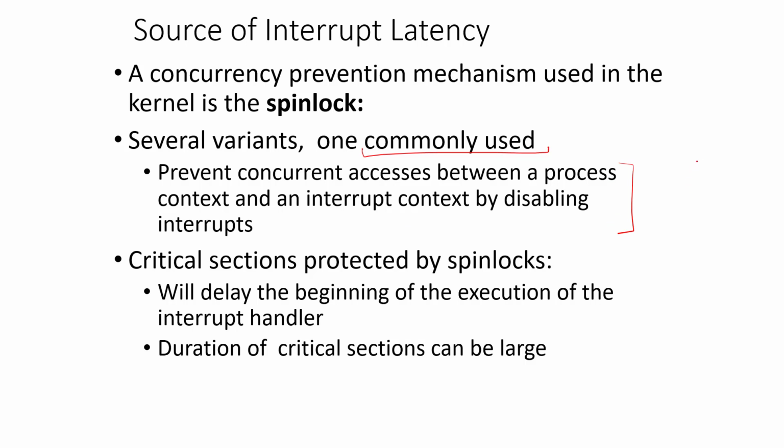Otherwise, if one process holding a spin lock is preempted, a lot of processes will just wait on it and not make any progress. Of course, critical sections have to be protected by locks. If the critical section is small, then a spin lock is a good idea. But if the interrupt handler is also trying to access a critical section, that will cause delays because the duration of the critical section can be large.